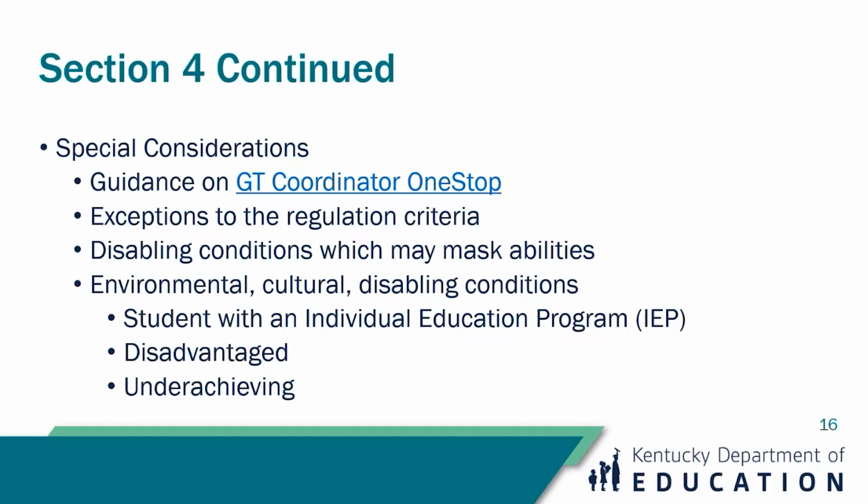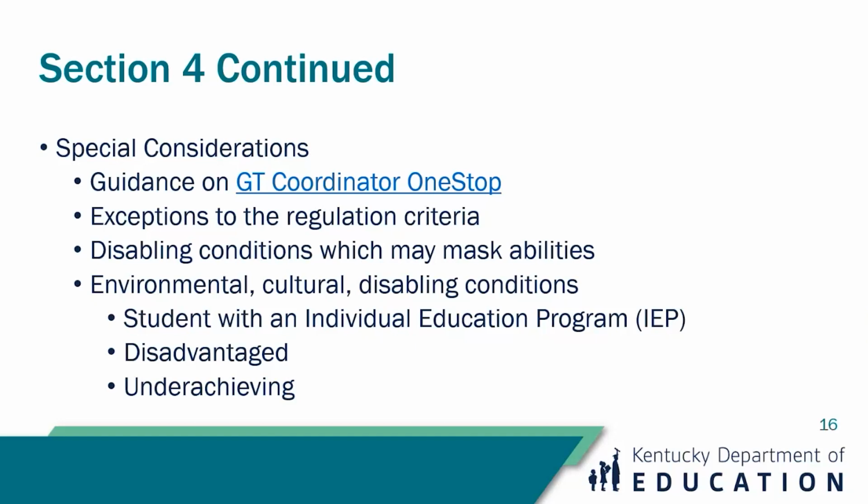And just a side note here, if you do identify a student using special considerations, there is a special way to record that in Infinite Campus on the GT student record. You will see a drop down under special considerations, and it lists special education, disadvantaged, and underachieving.